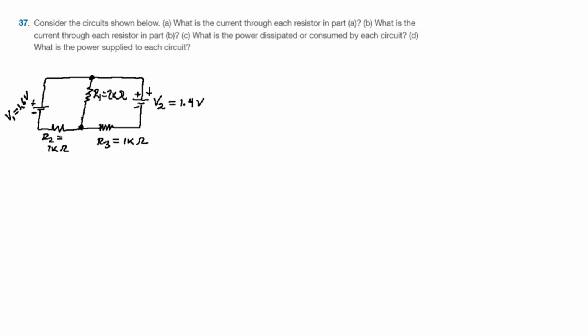Now, we're going to calculate the currents because we have solved some exercises before where we have done power dissipated and power supply. So what we are going to do is calculate the currents. Well, I should have here basically three currents. I will call the current passing through R sub 1, I sub 1.